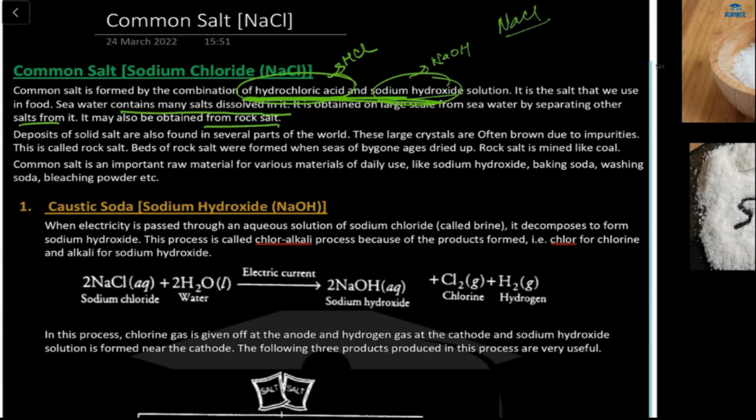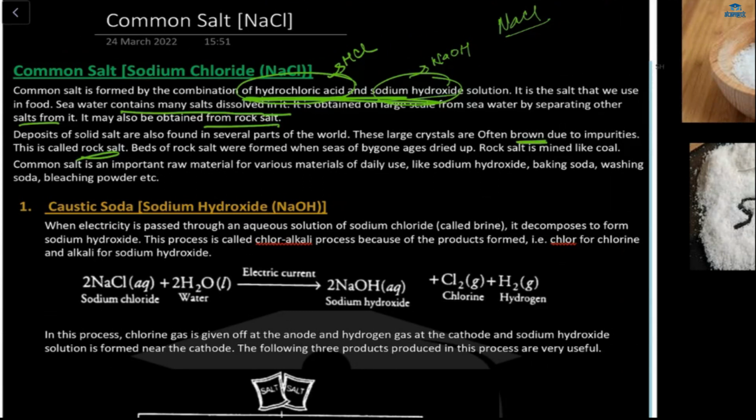Deposits of solid salt are also found in several parts of the world. These large crystals are often brown due to impurities, which are known as rock salts. Rock salts are impure types of salts, and the color of the rock salt is brown.